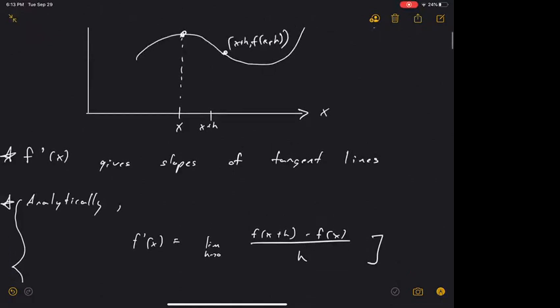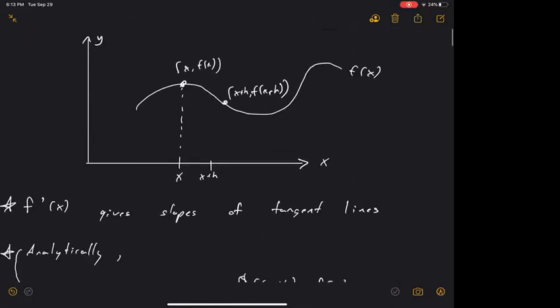And this fraction here, what is that? It's rise over run, basically: our movement vertically divided by our movement horizontally. So that would give me the slope of the line connecting these 2 points.